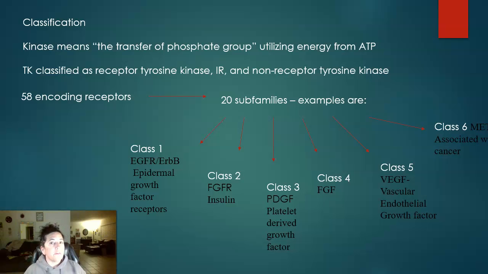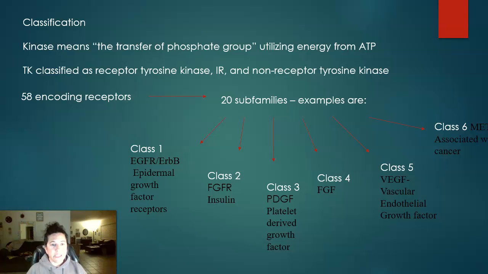There are very many kinase members. We have approximately 58 of them. As I mentioned, there's 60, so we just round up. Scientists have not been able to pinpoint exactly how many there are. We do know that they transfer the phosphate group utilizing energy from ATP.